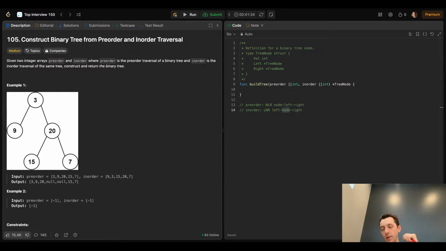From preorder, we don't know, because this 20 that comes could be the left or right child of 9, or we could be done with 9. It could be the right child of 3. But if we continue looking at inorder, we'll see that 9 has 3 as its parent.